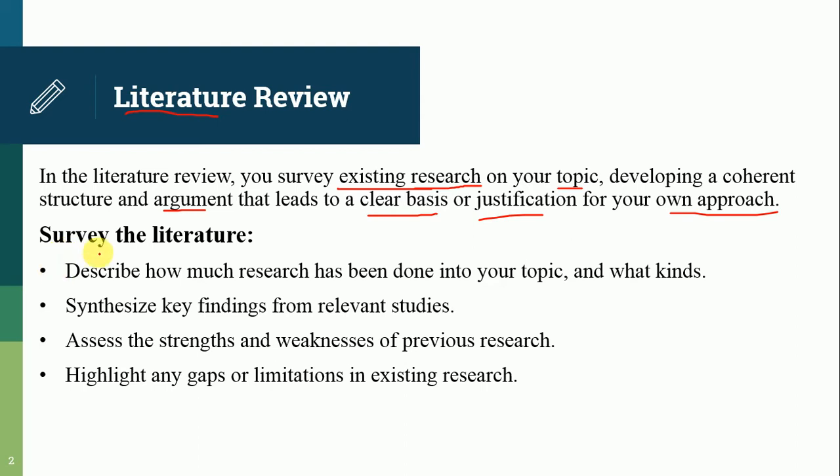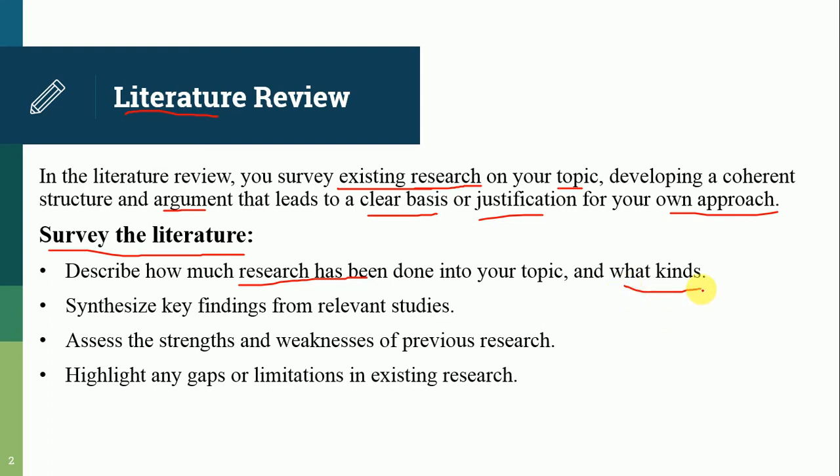Now, you have to keep these things in mind while you are writing a literature review. The first one is: describe how much research has been done into your topic and what kinds. In a survey of the literature, while writing a literature review for your own research, you should describe how much research has been done, how much data is available on it, and what kinds.